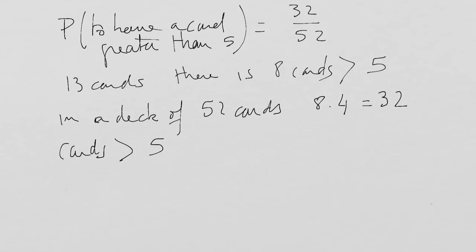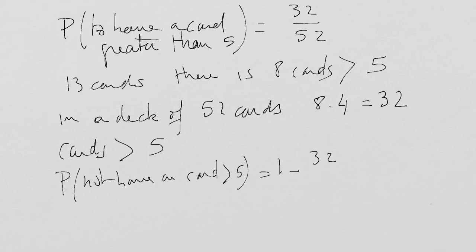If I do the same reasoning for not having a card greater than 5, that's pretty easy, because it's going to be 1 minus 32 over 52, which ends up being 20 over 52.